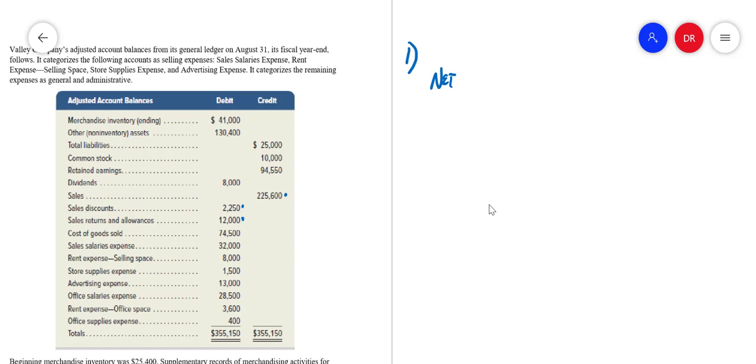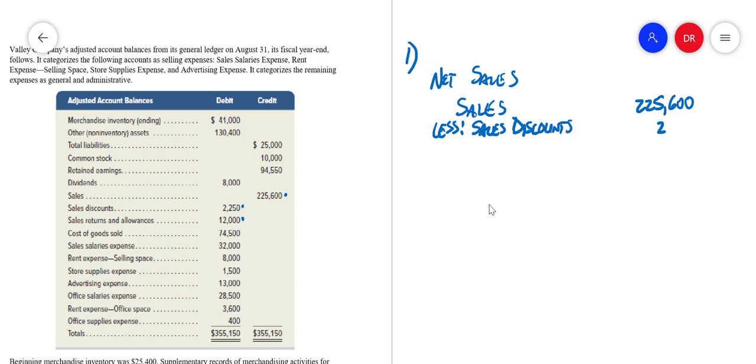The net sales will be sales in total, which is this $225,600, less sales discounts, which is going to be $2,250, and sales returns and allowances.